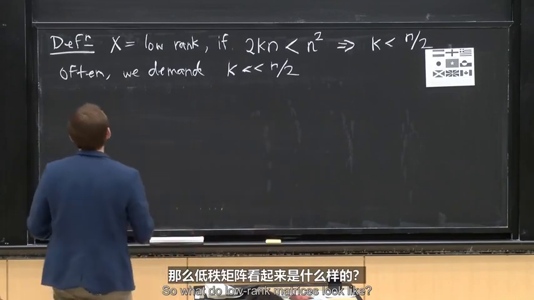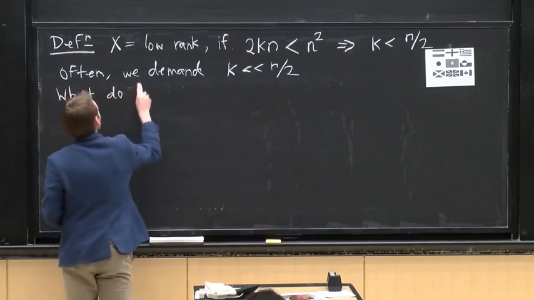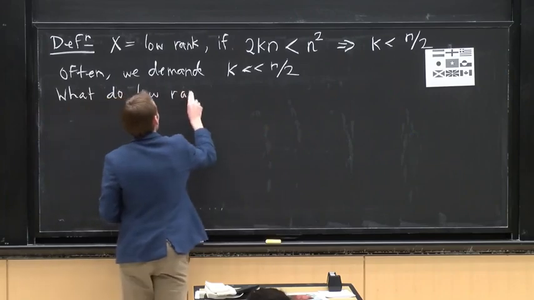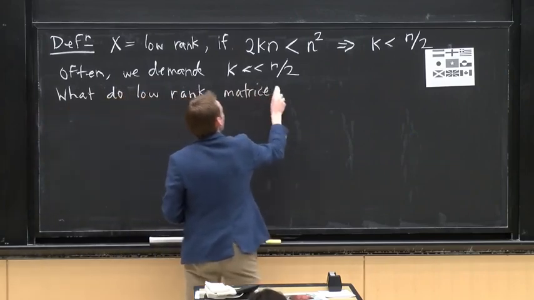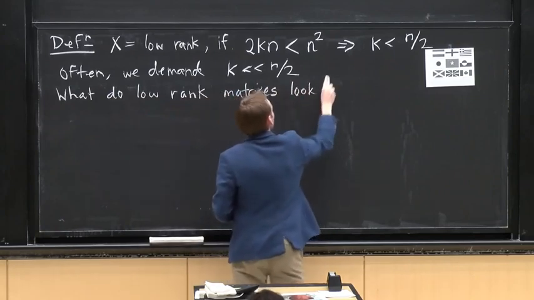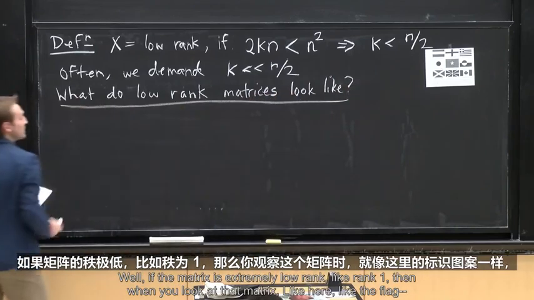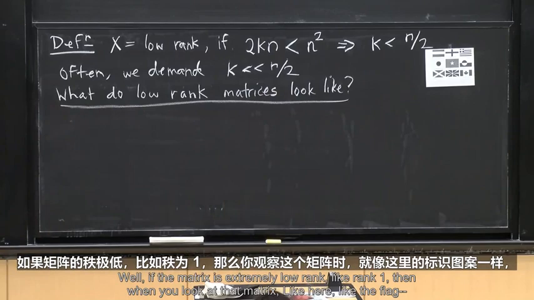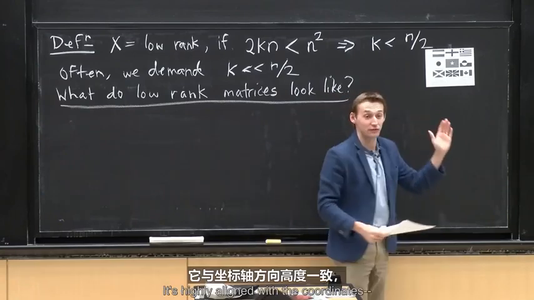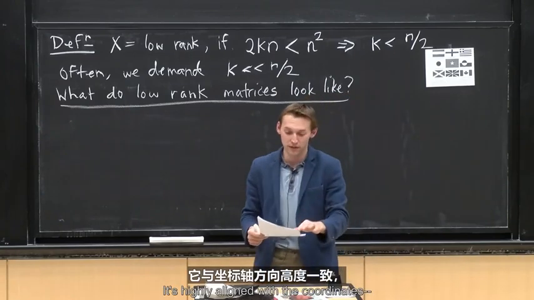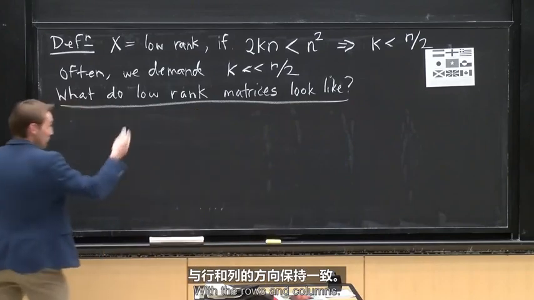So what do low rank matrices look like? Well, if the matrix is extremely low rank, like rank 1, then when you look at that matrix, like the flag, it's highly aligned with the coordinates, with the rows and columns.